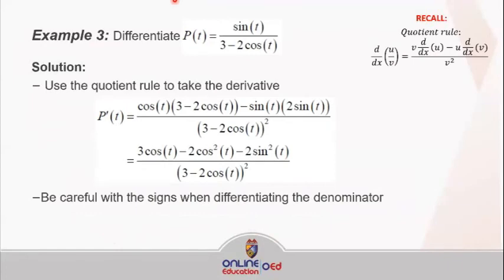For the next problem naman, we need to use the quotient rule. For here, we have the differentiate p of t is equal to sine t over the 3 minus 2 cosine t. Okay, for the recall lang ng problem natin, we have yung numerator as yung u.